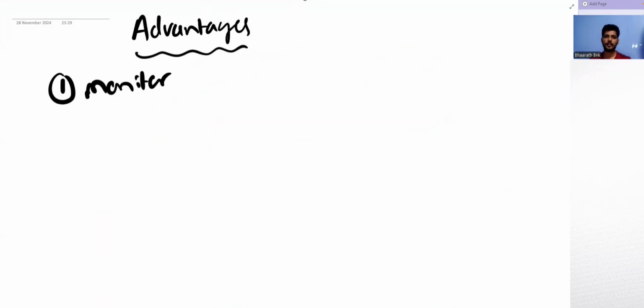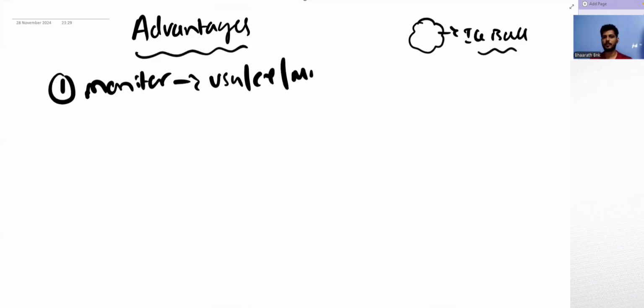But here, when you freeze it, it leads to the formation of an ice ball, and this ice ball can be visualized on ultrasound, CT or MR. So you can monitor the extent of damage because you can visualize this ice ball formation on radiological investigations. Plus, you can also get MR thermography to see the temperature changes.